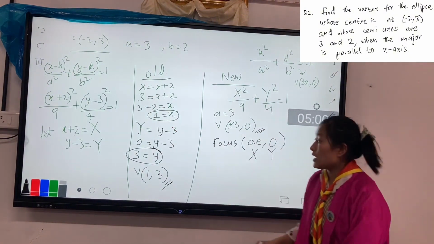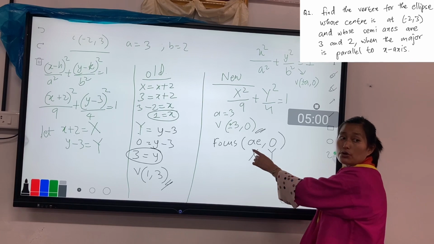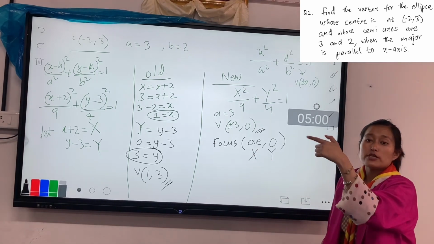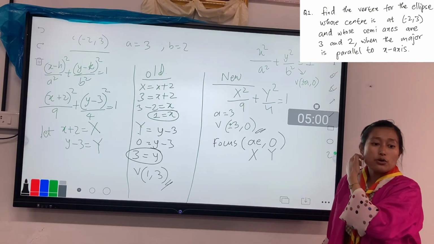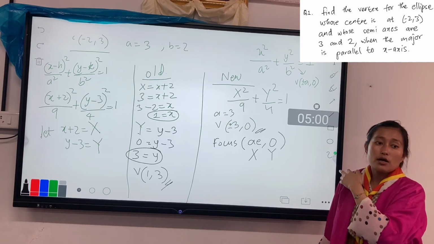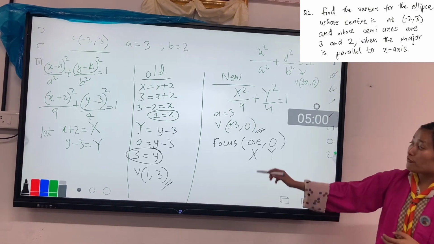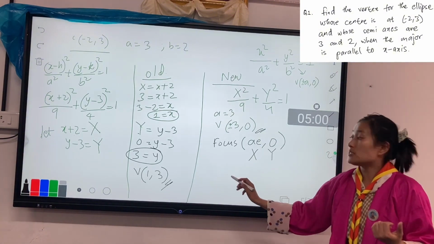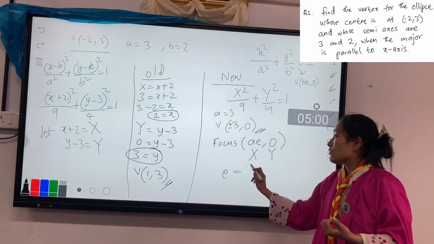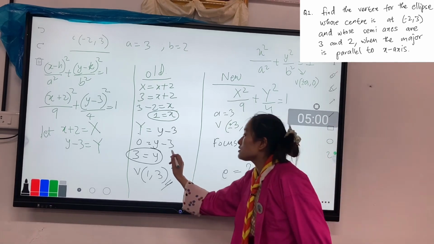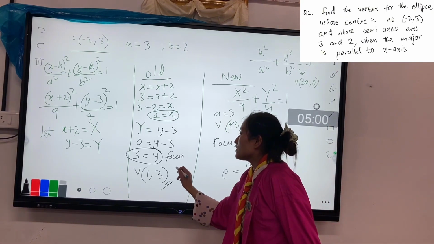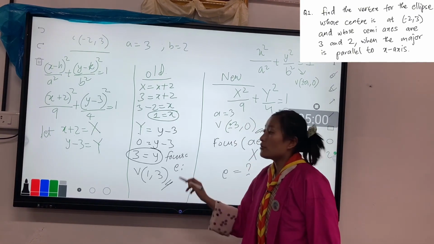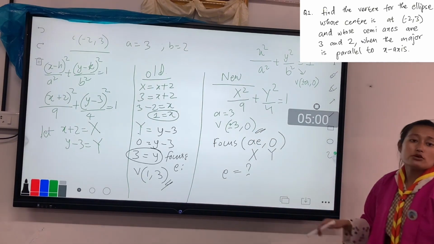Instead of capital X, you put the AE value, and try to find small x. Understood? So can you find the focus? Can you find, what did I say, the eccentricity? Try to check what the focus and the eccentricity are for your old equation after getting your value for the new.